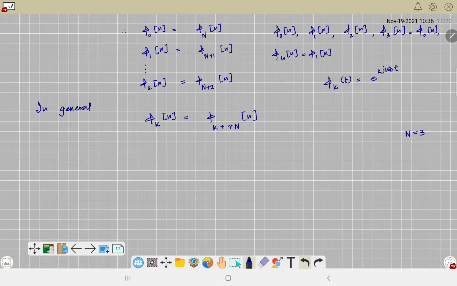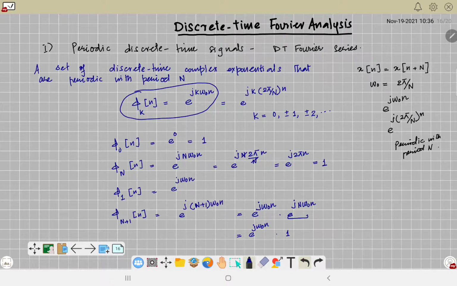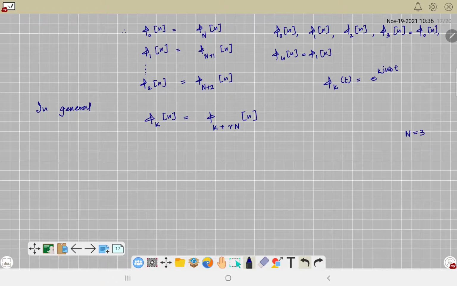But for the discrete time case, with this general expression, you will have exponentials that repeat in value after the time period N. So when k is changed by an integer multiple of N, you will have identical sequences generated, which differs from the continuous time case in which the signals phi k t were different from one another. So this is an important property.